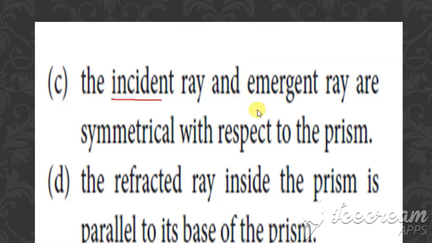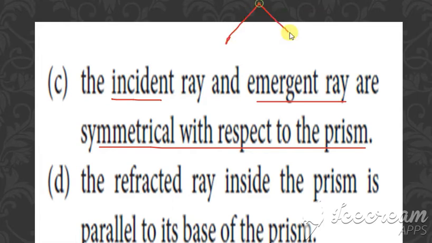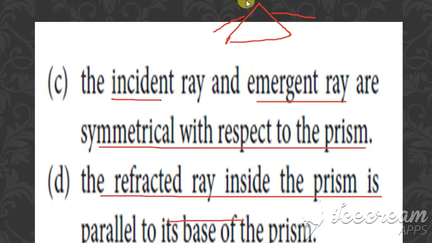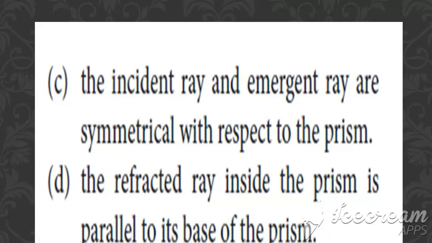The incident ray and the emergent ray are symmetrical with respect to the prism. Then the refracted ray inside the prism is parallel to the base of the prism. So this is the base, and here the refracted ray will be parallel to the base of the prism. So this is about the angle of minimum deviation.